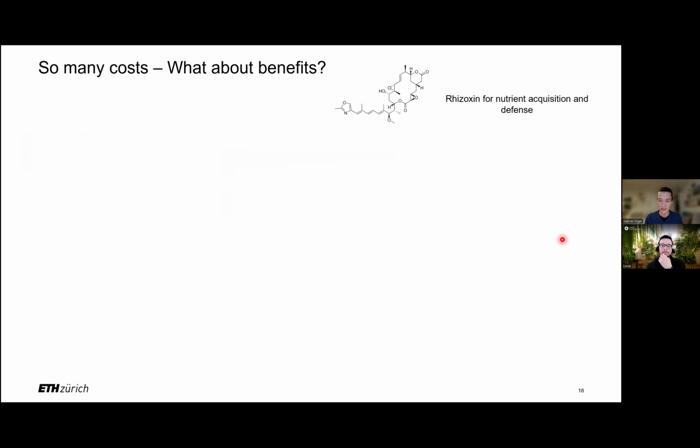For this, we looked again at the native system, where we know that the bacterium supplies the host with rhizoxin, which is used to defend itself against predators, but also to find nutrients by attacking plant roots. We wanted to see whether the non-host we've checked, which cannot produce rhizoxin because it doesn't have the endosymbionts, now has rhizoxin available when the induced endosymbiosis is going on.